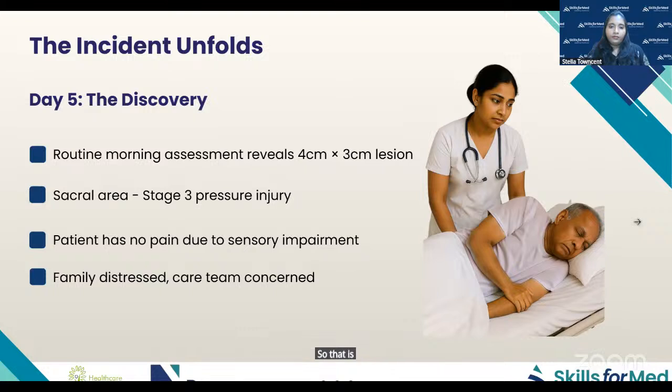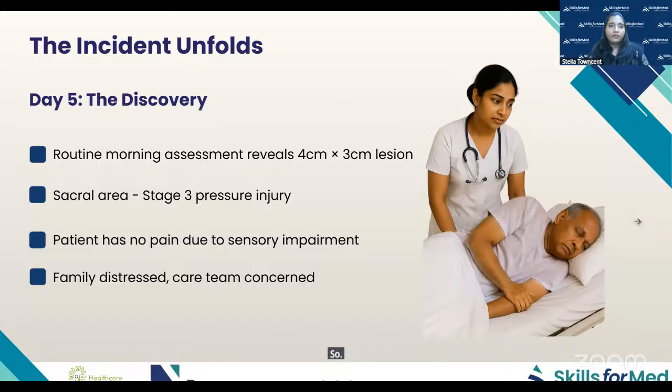So that is the statement. And now what is the expected standard in your hospital? Do you expect pressure injury to happen, or what is the benchmark you have? So all hospitals want to have zero pressure injuries or pressure ulcers in your hospital.